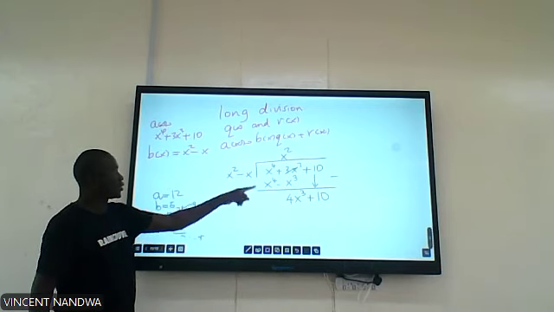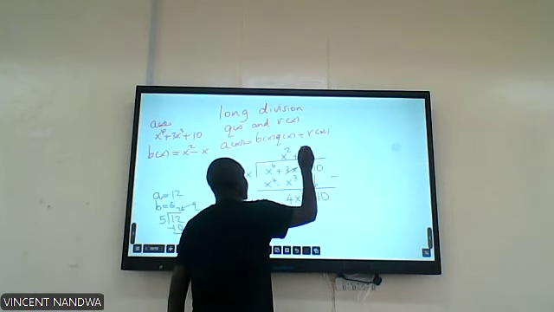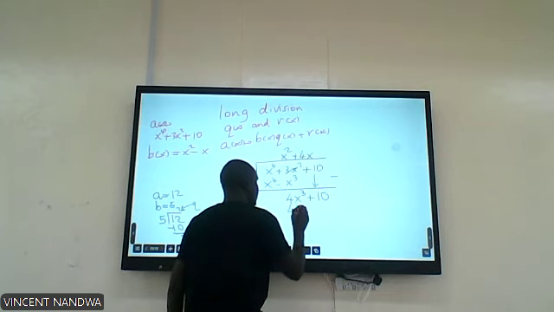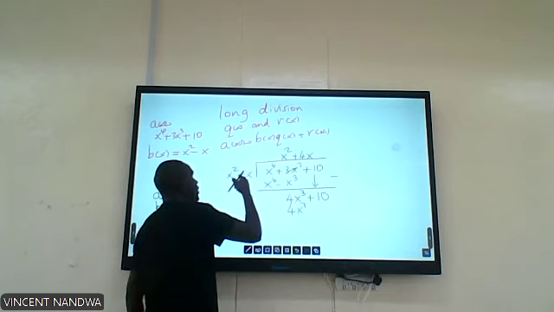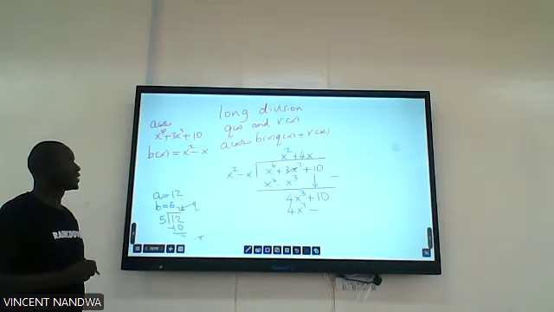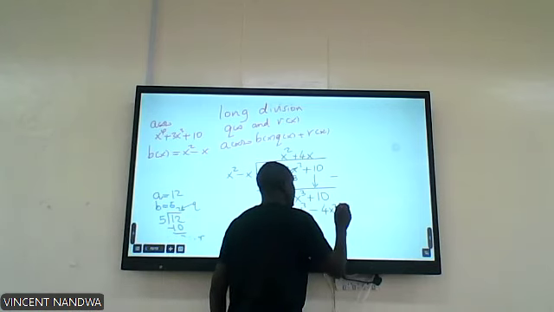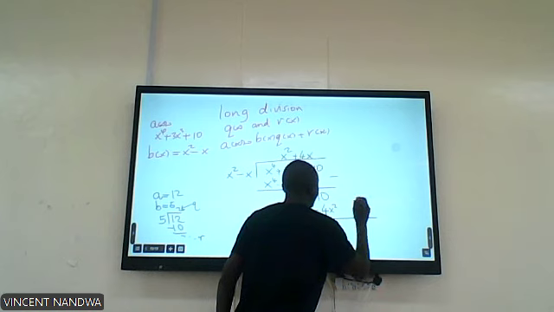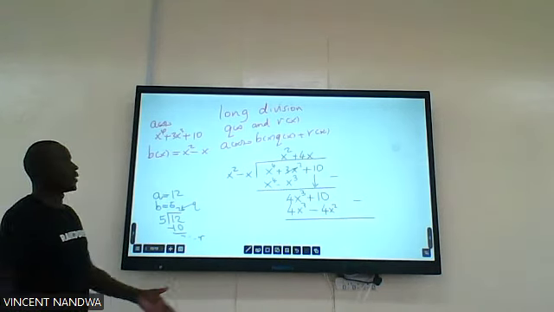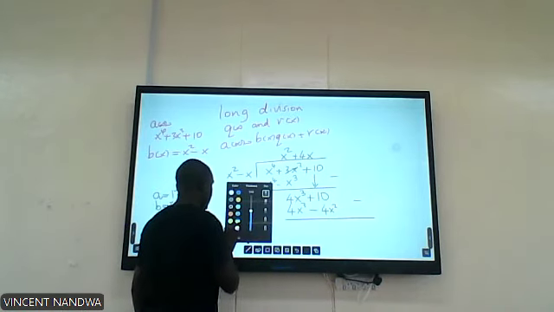So what should we multiply by to get 4x power 3? So 4x. So 4x times x squared will be 4x power 3. 4x times minus x gives minus 4x squared, okay? Same manner is subtraction. Remember here, there is no term with x squared, but you can always force it there.